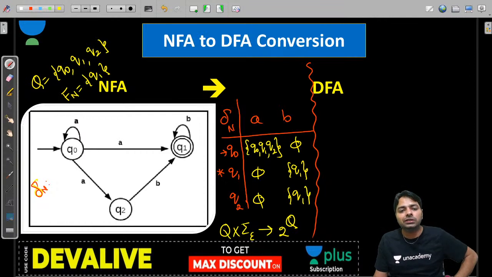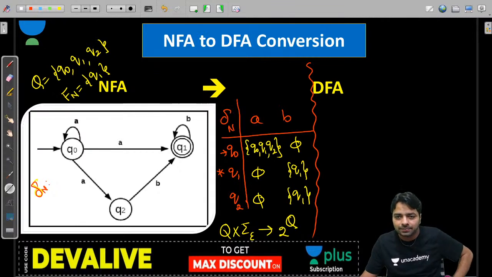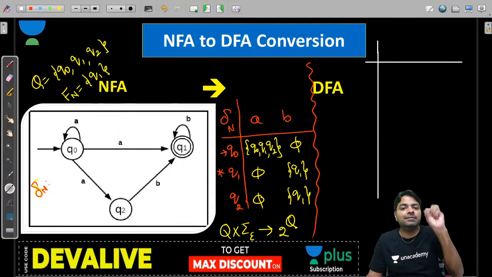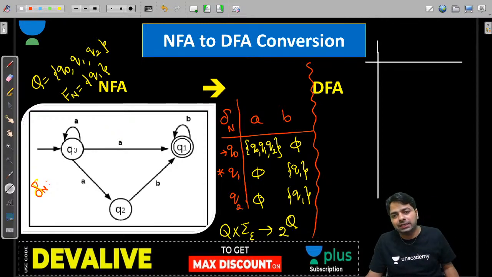Now, how do you convert it into a DFA? Carefully look at it, guys. How do I design it? I have 3 states, which means I will have 8 states now. So I'm going to create 8 rows.